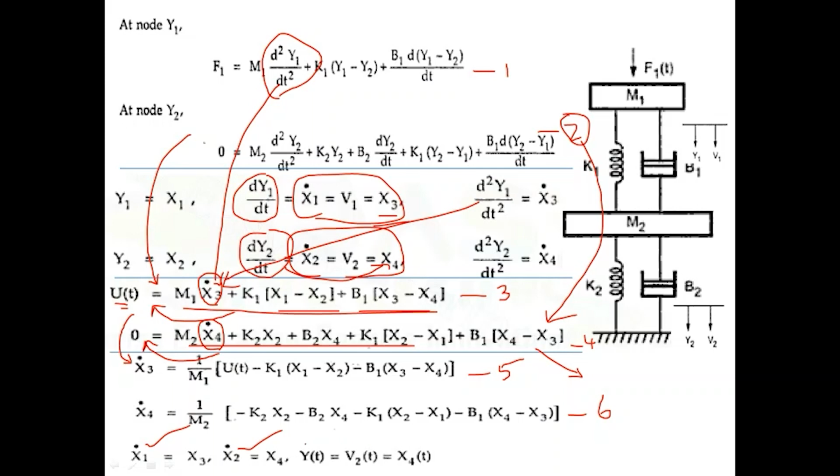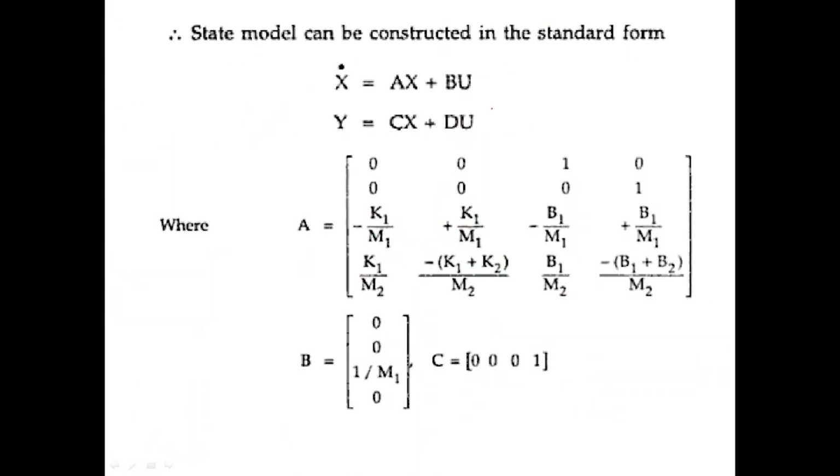We also know that in the question itself the output is given as the velocity of mass 2, that is v2. Here v2 is nothing but x4. From this we can find the output. As we already know, this is the state model.